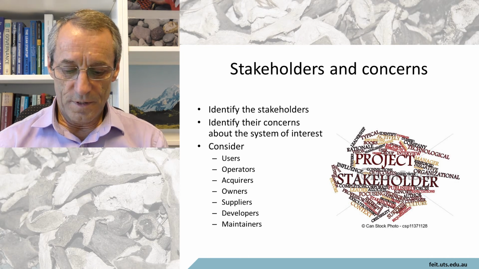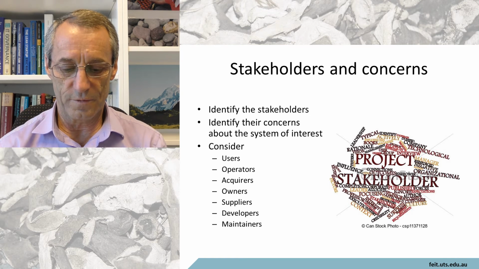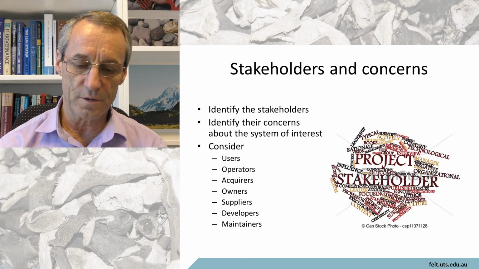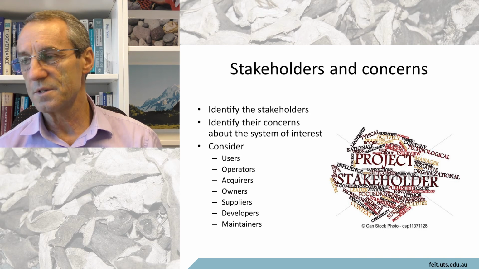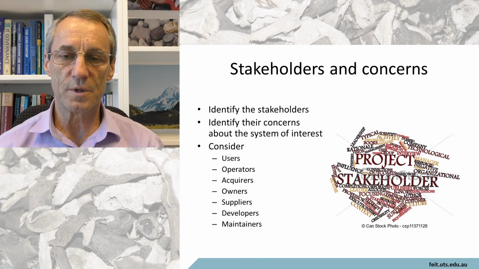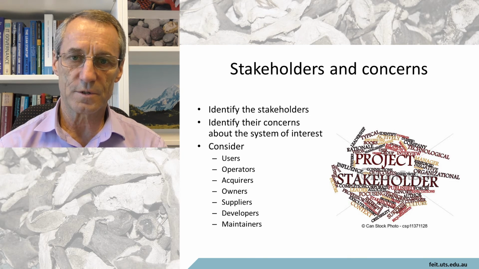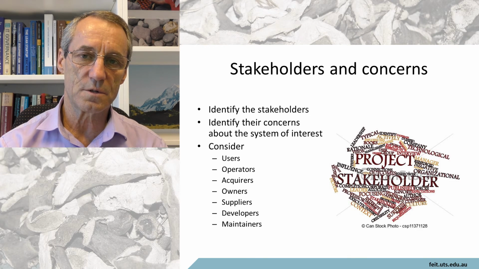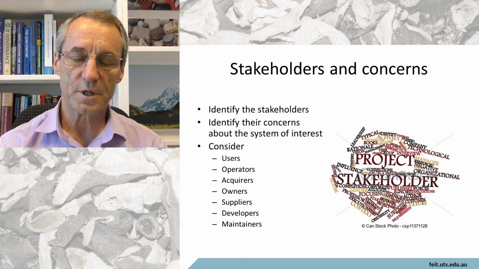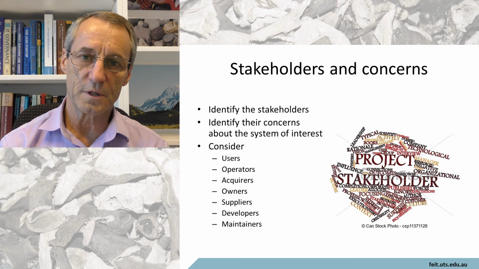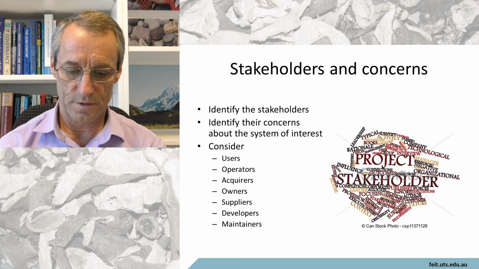Stakeholders and their concerns. This is nothing new, you should have done this before. We identify the stakeholders, as many as seem to be important. We identify their concerns about the system of interest, and this is the functional concerns, the functional objectives, and their non-functional objectives. These are their concerns.